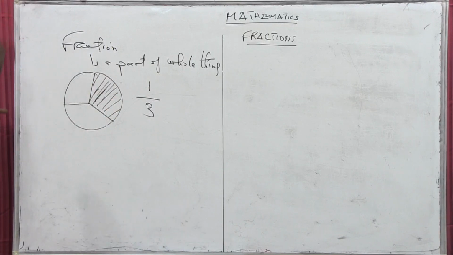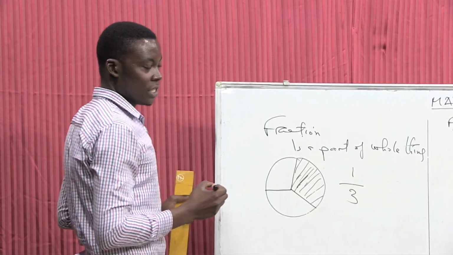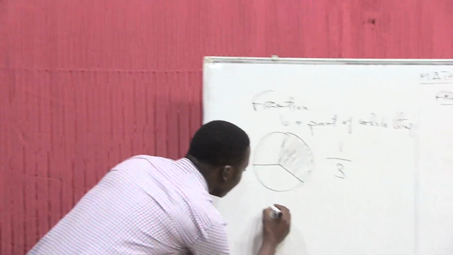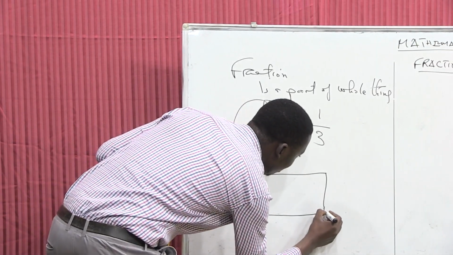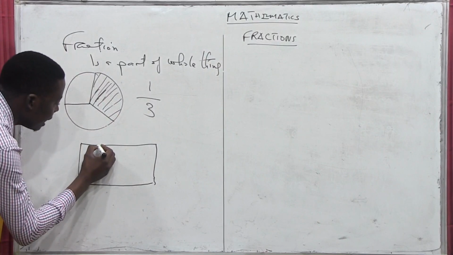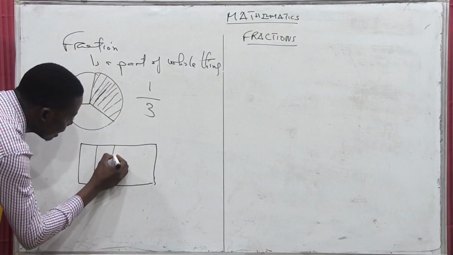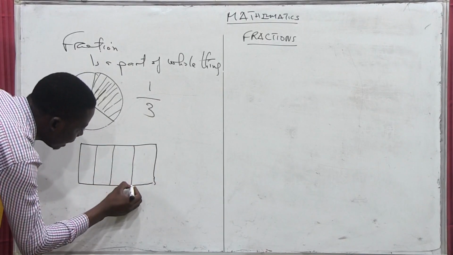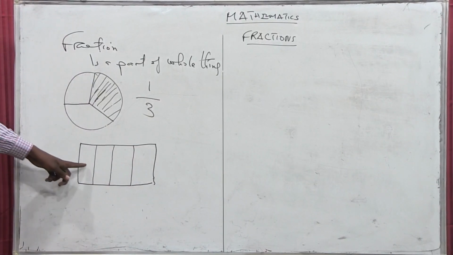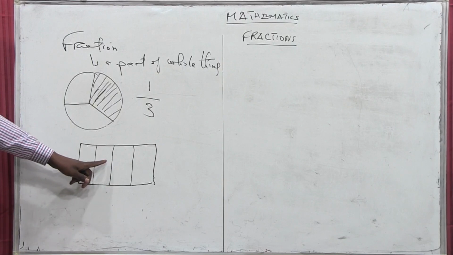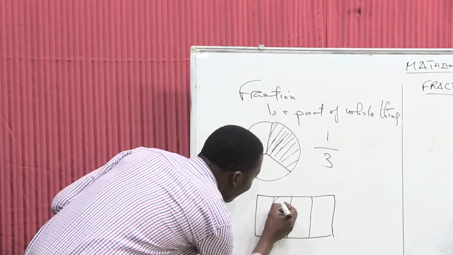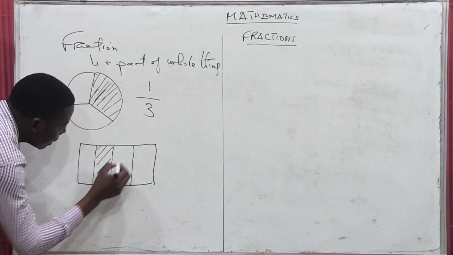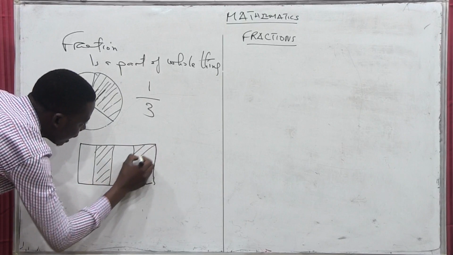What is the shaded fraction or the shaded part? You have this object divided into four equal parts. Then the shaded parts are this one and this one here.